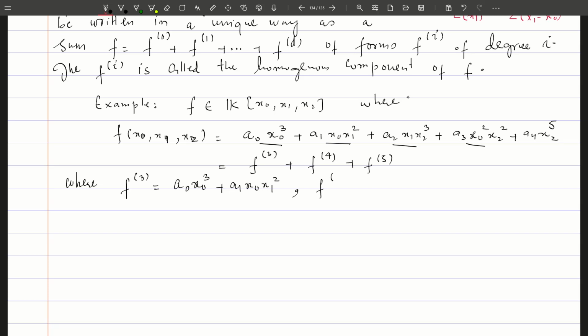Similarly, we can write f4 as a2 x1 x2 cube, which is of degree 4, and a3 x naught square x2 square, and finally f5 as a4 x2 to the power 5. So this is the decomposition of f into homogeneous components.